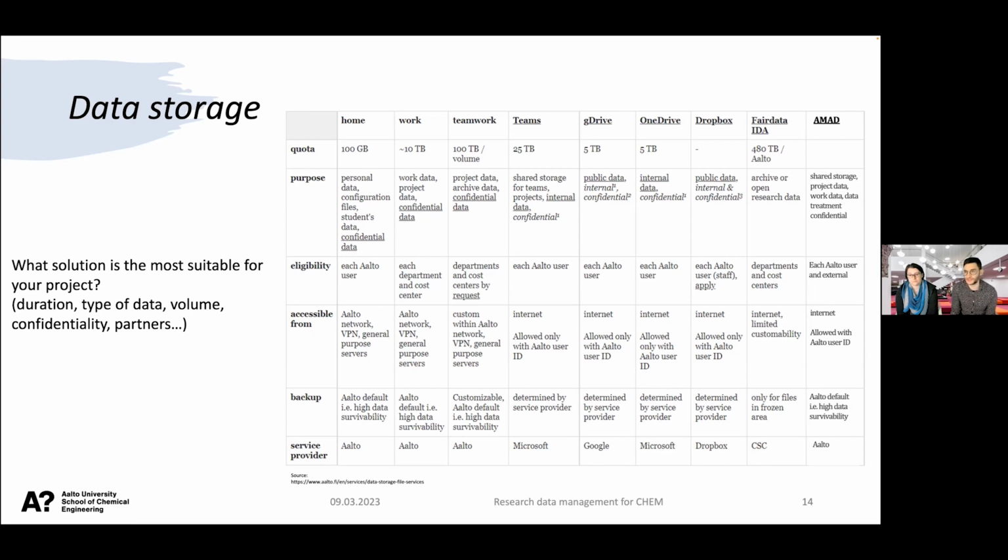And we don't handle any private data, so we decided that this was a good solution for us. But when you try to find a solution for yourself, the take-home message is that there are multiple options, and they have advantages and disadvantages, and you need to decide what is the best scenario for your daily work or for your team.